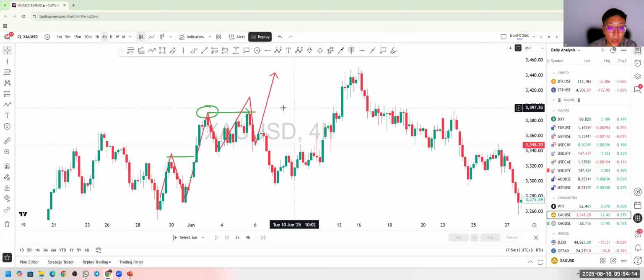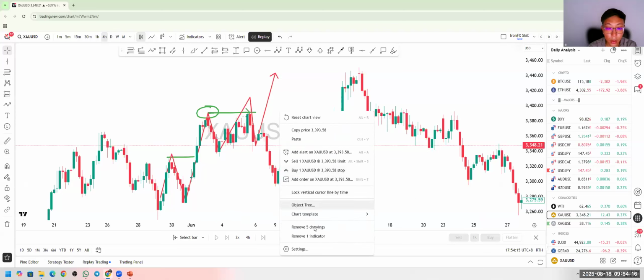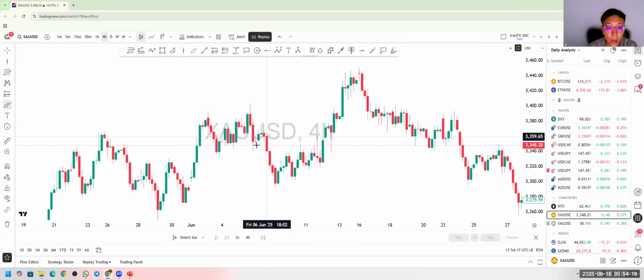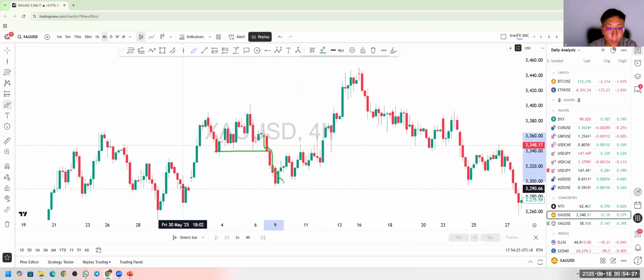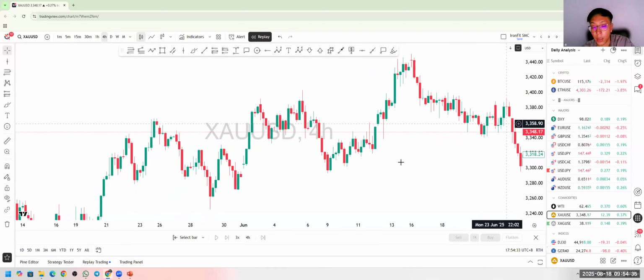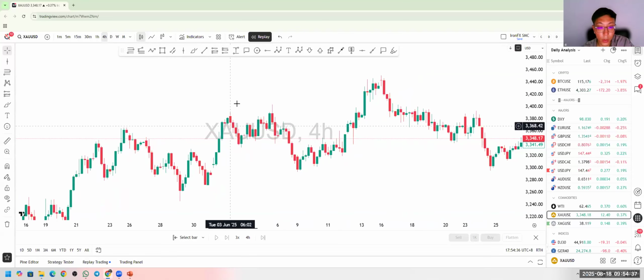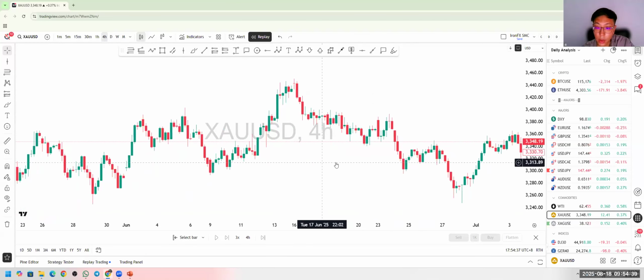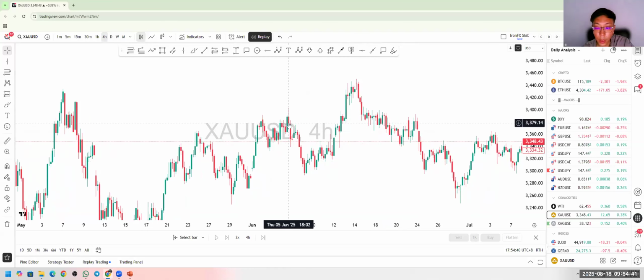But of course, you can see after it took out liquidity, the next thing it did was to take out these lows and then came down quite a bit. So sometimes you have to be careful for such movements, because we might not be able to anticipate such false breakouts. So this is something you will have to be careful of.